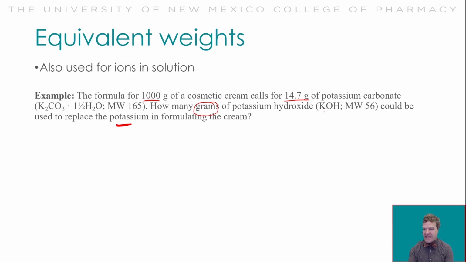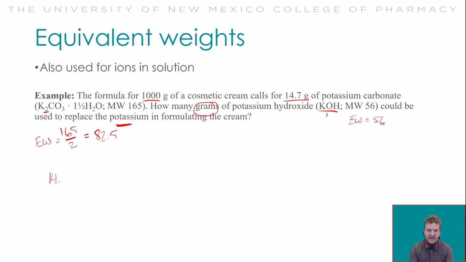So if we look at potassium hydroxide, we assume a valence of 1, and so our equivalent weight is 56 divided by 1, which is just 56. If we look at the carbonate, our valence is 2, so our equivalent weight is 165 divided by 2, which equals 82.5. Okay?